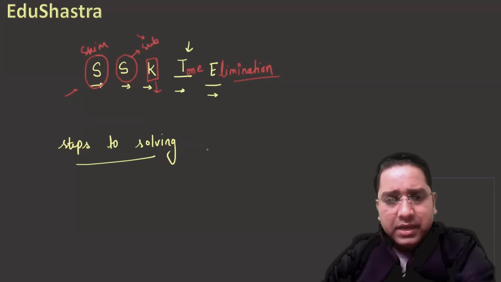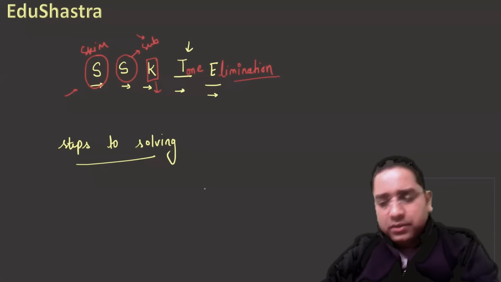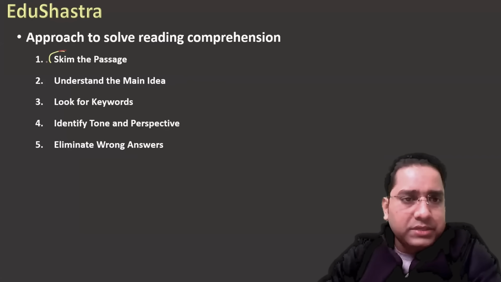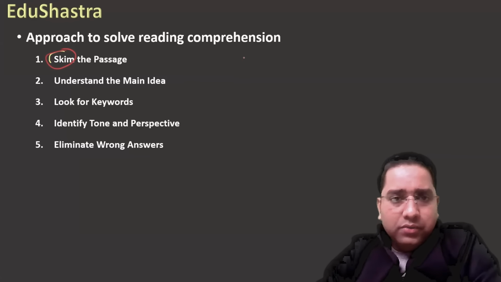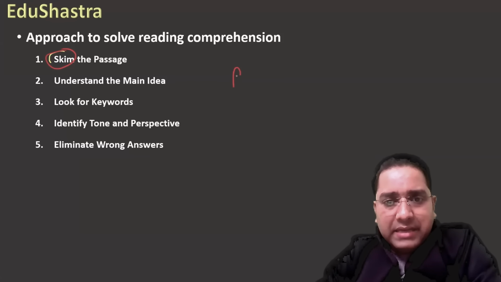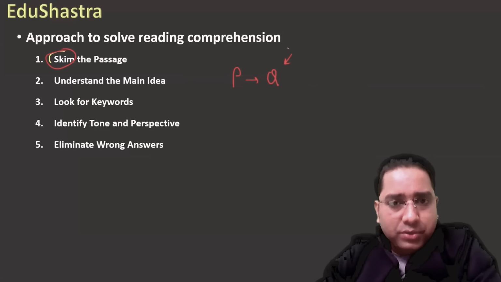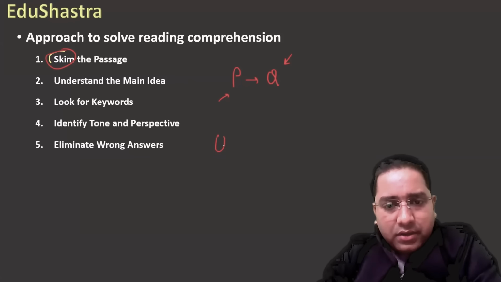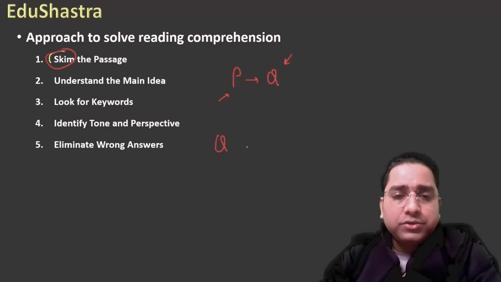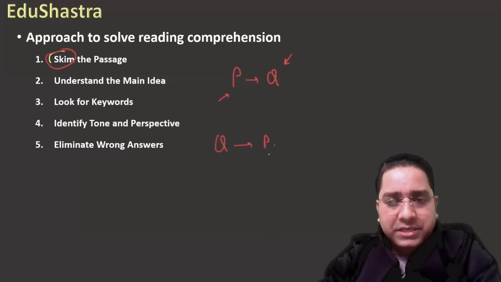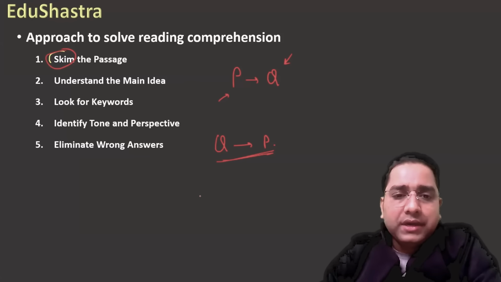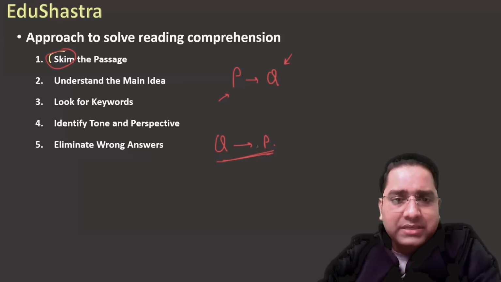One more thing, I'm telling you what you should focus upon. Till now, we were focusing from passage to questions. Although this can work for many students, it's not necessary that this is the only method. You can also try the question to passage approach. That means do not directly jump on the passage. Start with reading the questions.